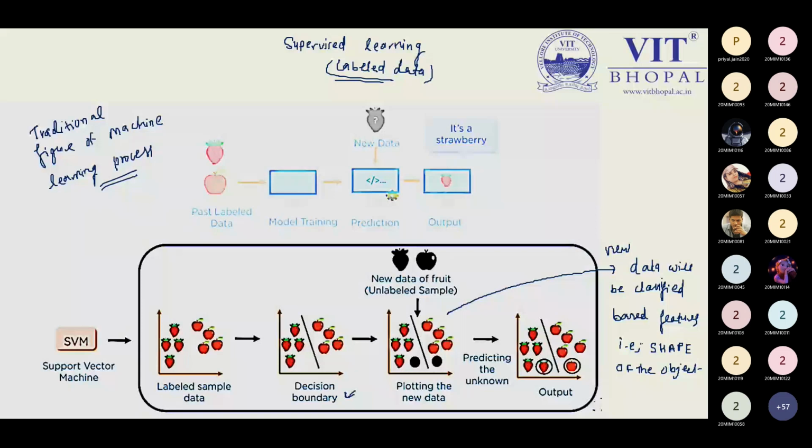Having seen these two different kinds of groups, I can use a line to distinguish that this part belongs to the strawberry class, and that part belongs to the apple class. So whatever line I'm using, that is known as the decision boundary. So please keep in mind this is a decision boundary. Suppose two groups of students are sitting in my class.